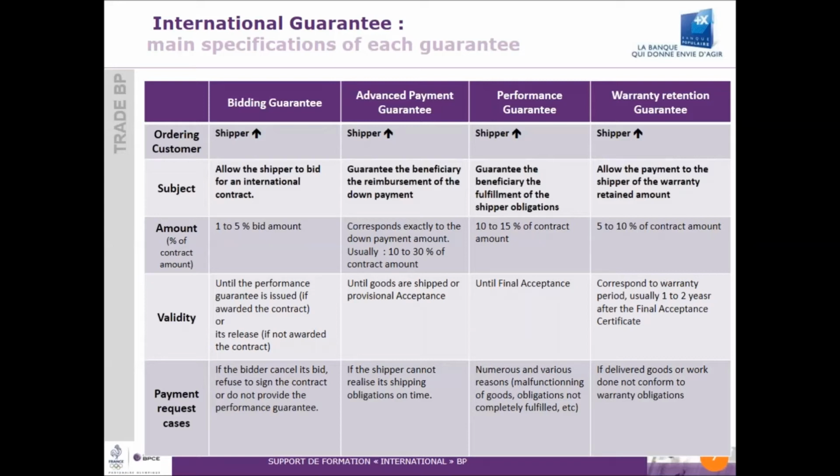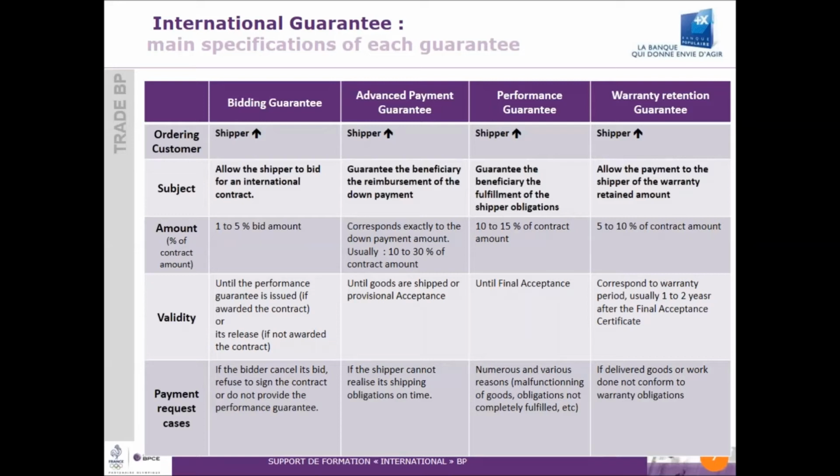So if we now move to the performance guarantee, here again, the ordering customer is the export company. The aim is to guarantee the beneficiary the fulfillment of the shipper's obligations. The amount is between 10 to 15% of the contract, and it will be valid until the final acceptance has been made.